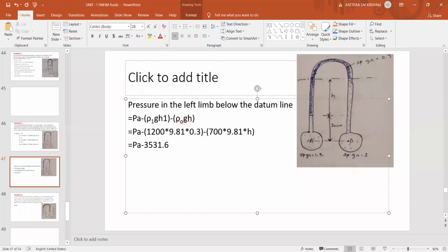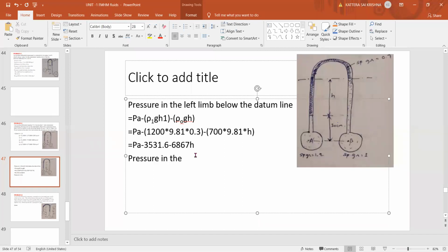So for the first term we got that, minus 700 into 9.81, which is 6867 H. The H term will be there like that. So this will be our pressure in the left limb. Here we have two unknown terms, PA and H. Now go for the next thing.